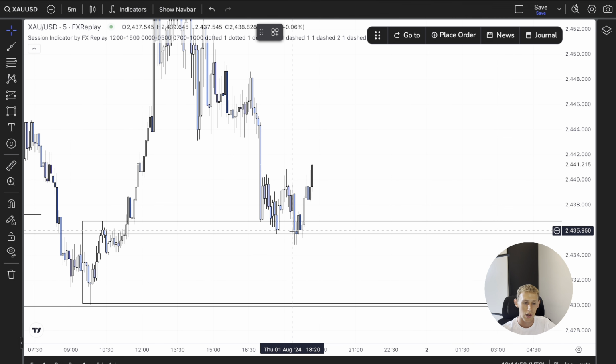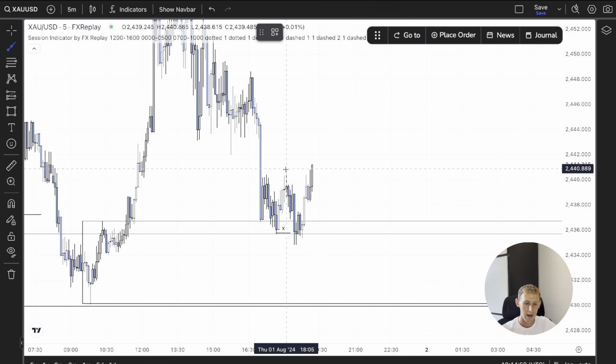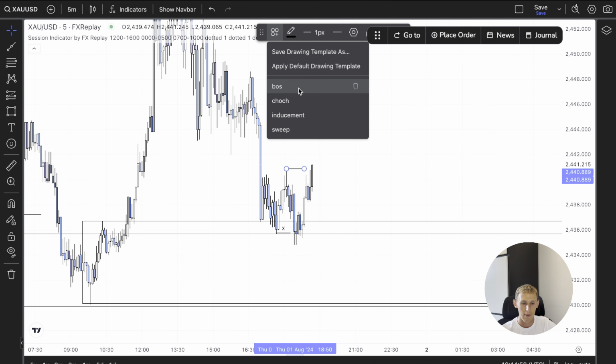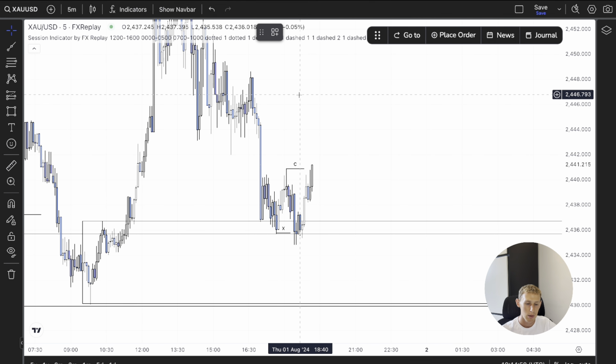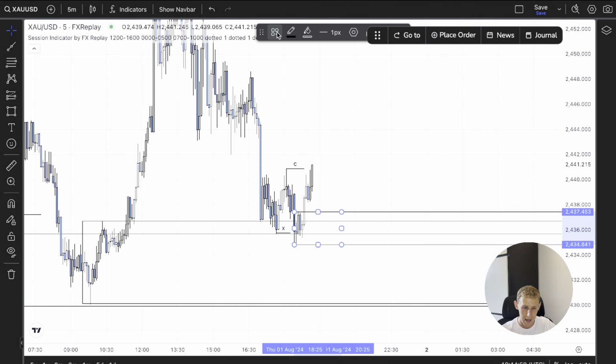Gold does this very frequently, where it comes into the higher time frame demand, sweeps the first rejection of it, then makes the real move, right? So like you have here, you have a sweep of the first tap of the demand, then that change of character, which is our confirmation. And I've also noticed that when this does happen, the trade becomes a lot more likely to play out. So in this case, we have this demand to enter from.